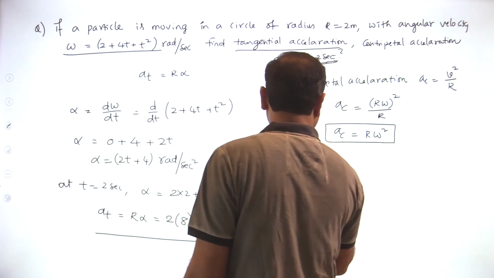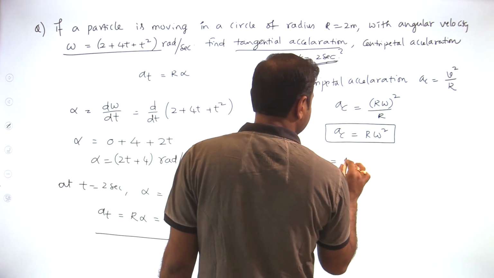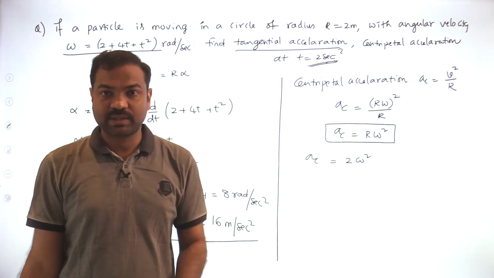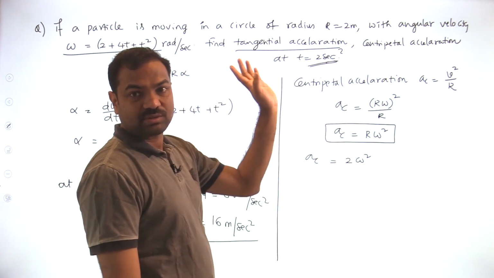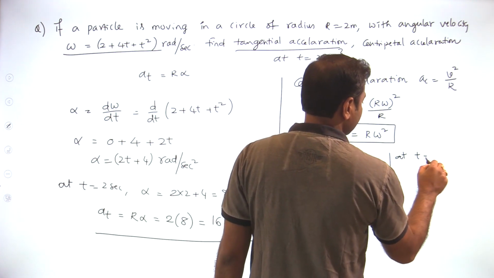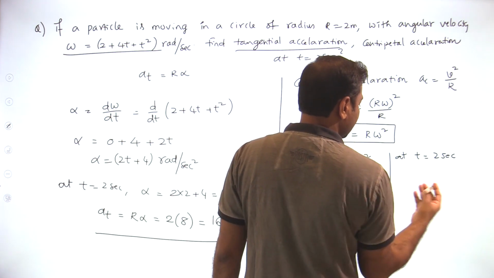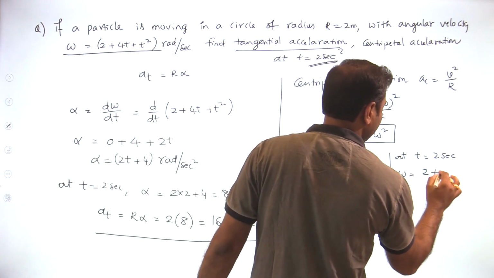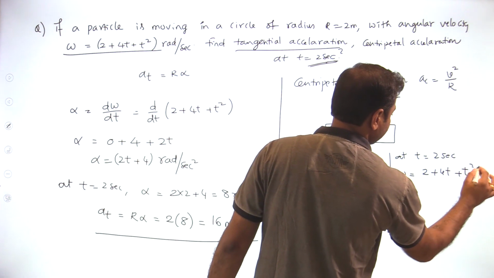The radius value is 2, but what is the omega value? We don't know it; as the time changes, omega changes. At the particular time of 2 seconds, omega is required. At t equal to 2 seconds, I can write omega as 2 plus 4t plus t square. That is the expression I have given.